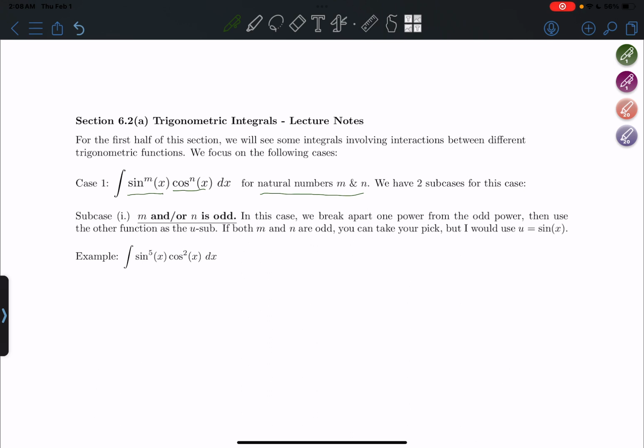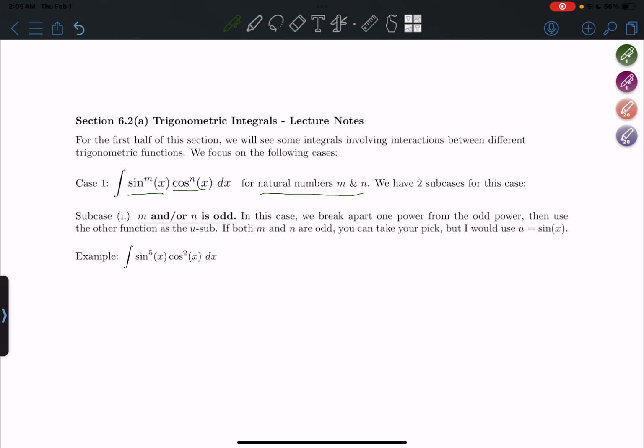Anyways, case number 1 here is the interaction between sine and cosine, and this is relatively simple. This breaks down into 2 subcases. Subcase number 1 is m or n is odd. Either one is odd is fine, or both is odd is fine. Either way, this is the easier case.